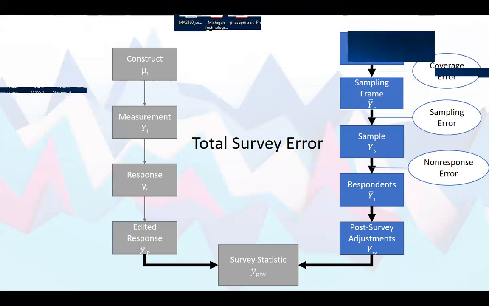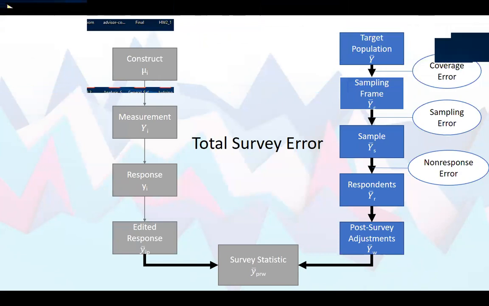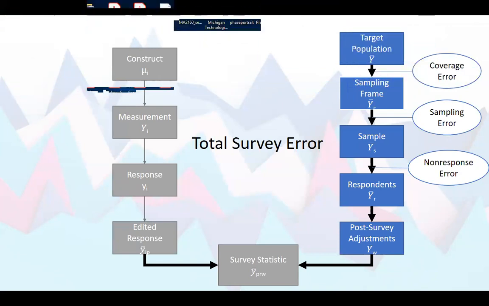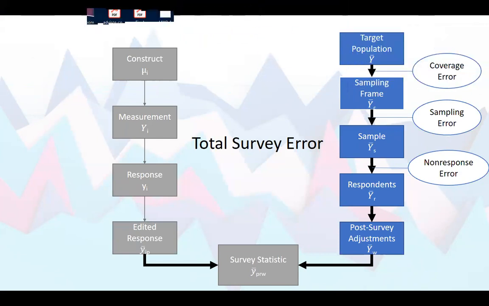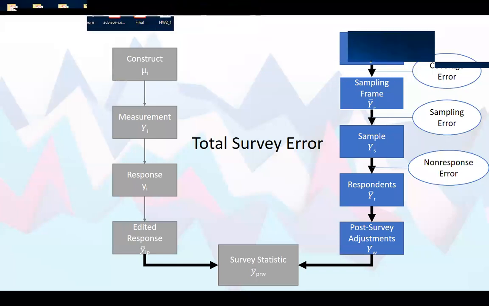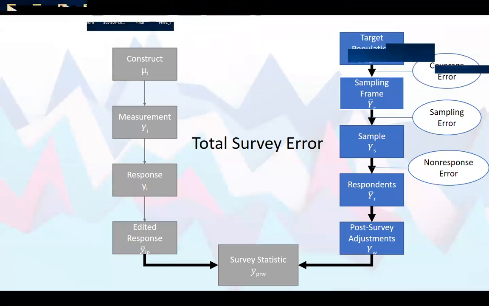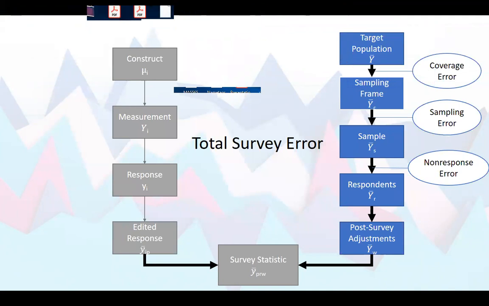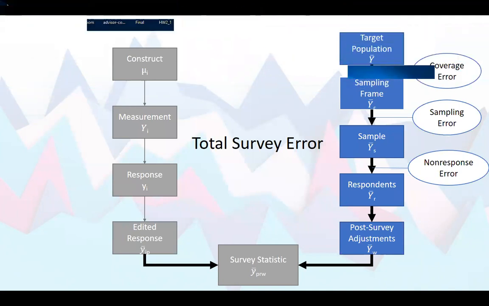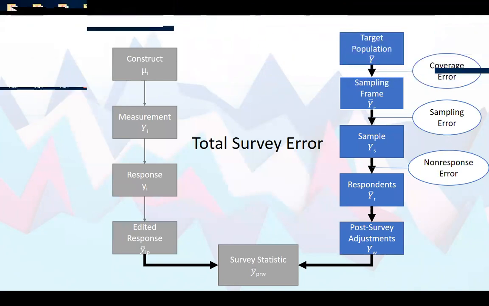And there's other complicated weighting procedures that you need to factor in if you've done some more complicated sampling techniques. So proportion-based sampling would require you to adjust the weights of your respondents relative to the proportion in which they were participating in your survey based on the group sizes. So that's what's going on in the post-survey adjustment stage.